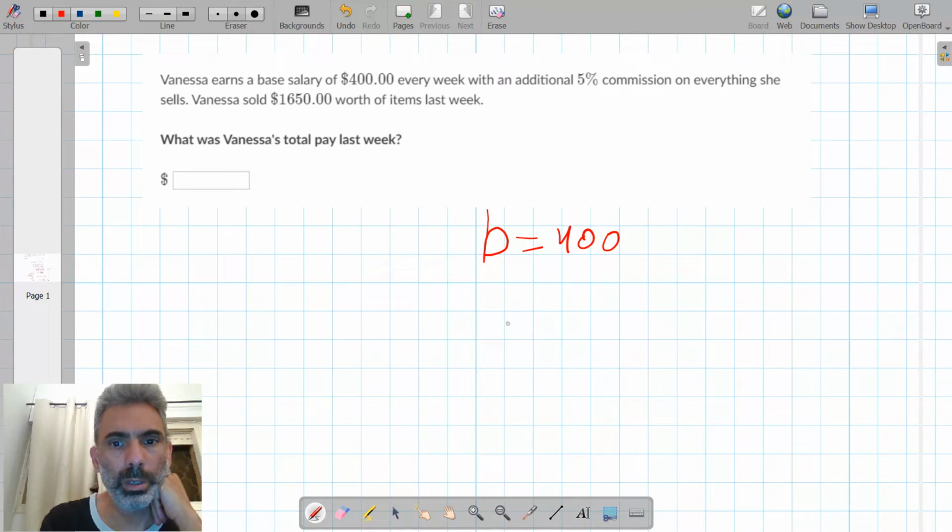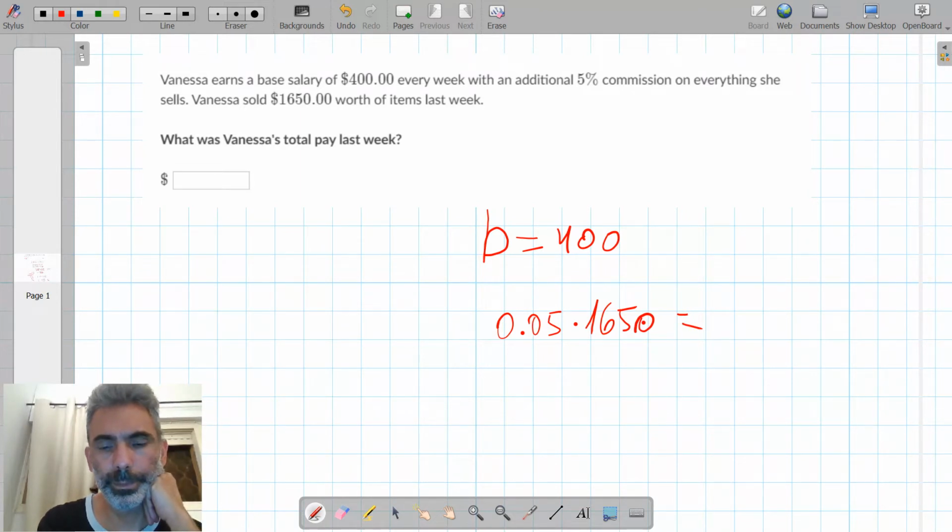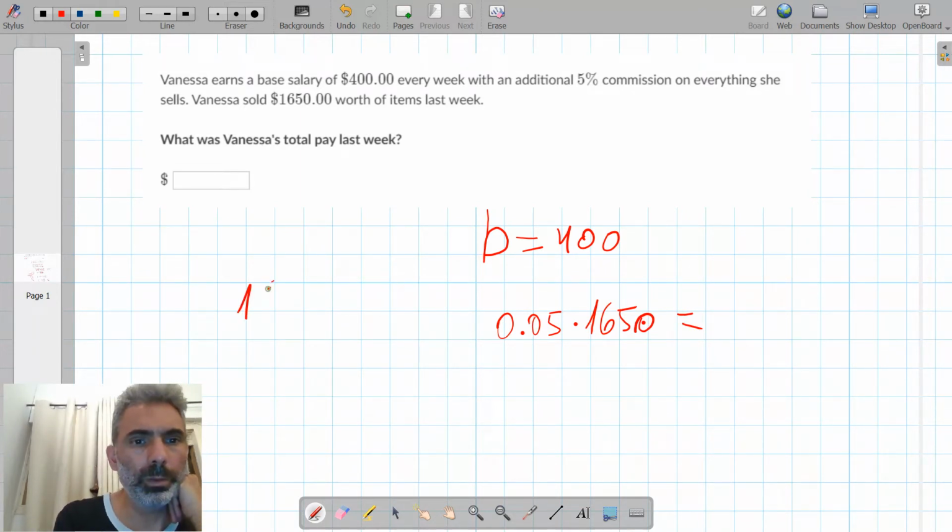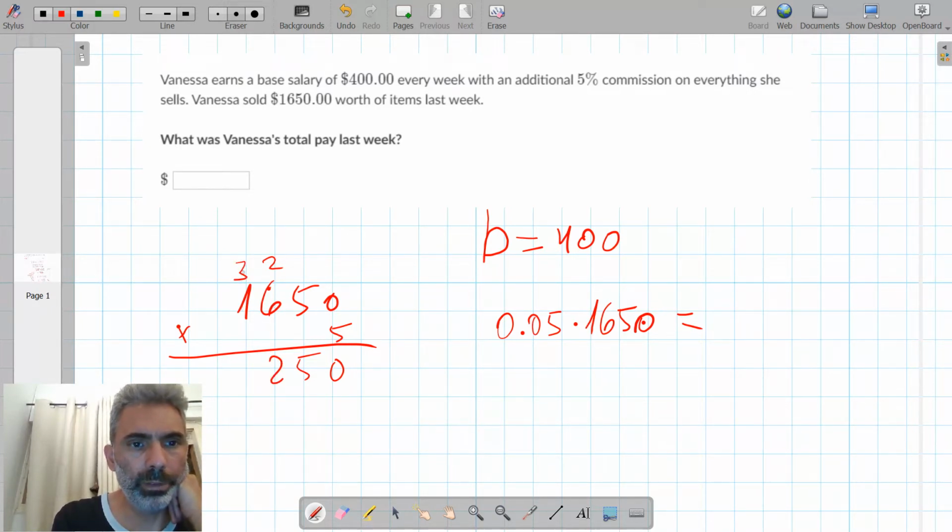So 5%, 0.05 times 1,650 equals 1,650 times 5. 5 times 0 is 0, 5 times 5 is 25, 5 times 6 is 30, plus 2 is 32, 5 times 1 is 5, plus 3 is 8.